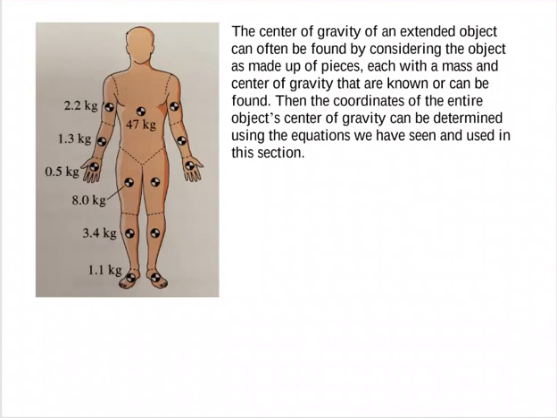So we have each segment of the body: the hand, the forearm, the upper arm on both sides, the foot, the lower leg, the upper leg on both sides, and then the torso. Also, the head would have a center of gravity as well. We can find all of those locations for the center of gravity in the x and y direction, and then find the actual center of gravity for the human body. And we can do that for each individual person. So that's how you would find someone's center of gravity.